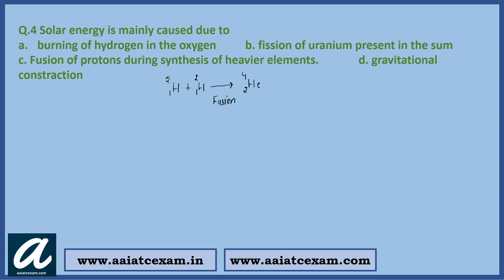So in fusion, students, small nuclei come together to form a bigger nucleus, so that their binding energy per nucleon increases. As you know students, if the binding energy per nucleon increases for a particular nucleus, then the stability of that nucleus will increase. So in this process of fusion, the protons decay during this synthesis to form heavier elements. So your option number C is correct. Your question number 4's answer is C.